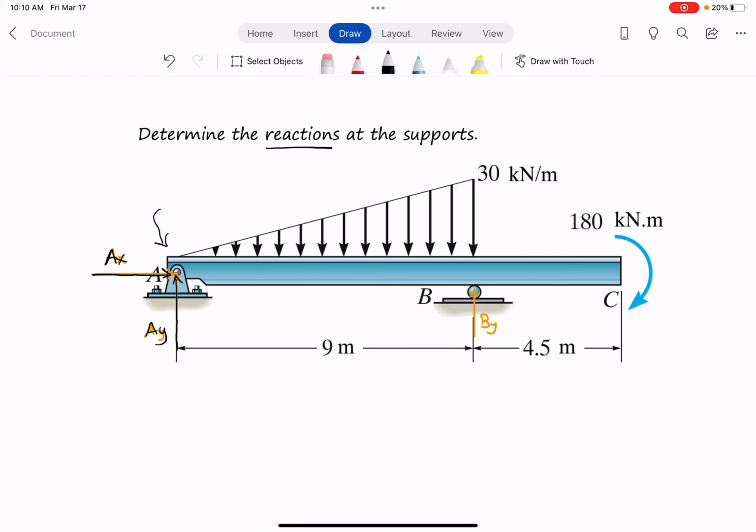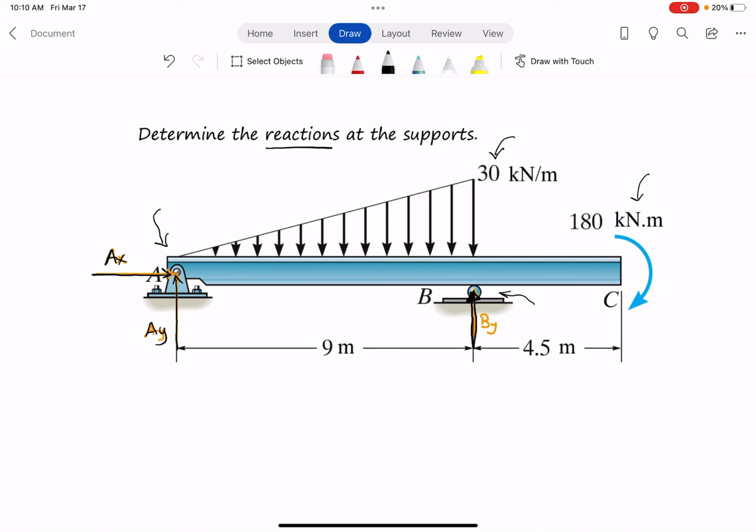I call it AY. And this is the pin, and this is a roller. The roller has only one reaction perpendicular to that. I'll call it PY. There's also a distributed load, but this is a triangle distributed load. And also we have a moment at point C.